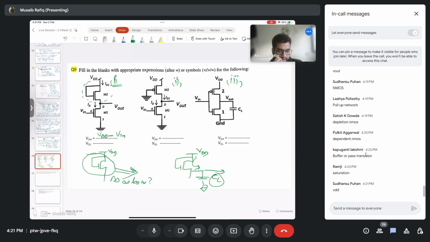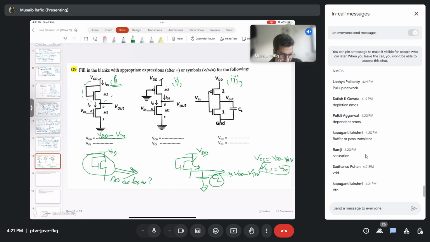Not VDD. VDD minus VTN. Because once it becomes VDD minus VTN, my VGS becomes VDD minus (VDD minus VTN). So my VGS then becomes VTN.